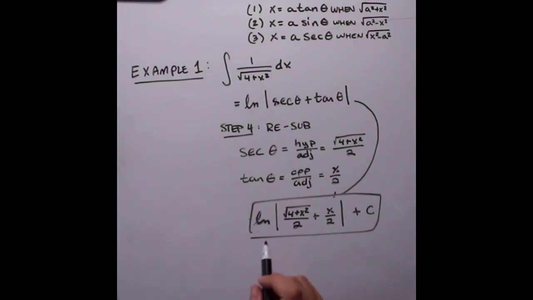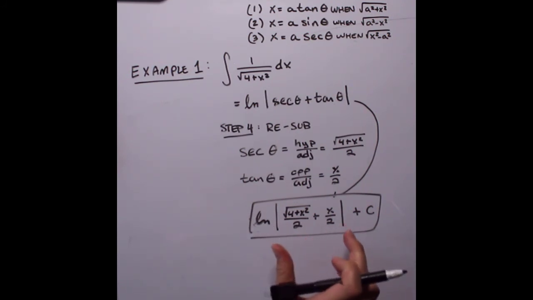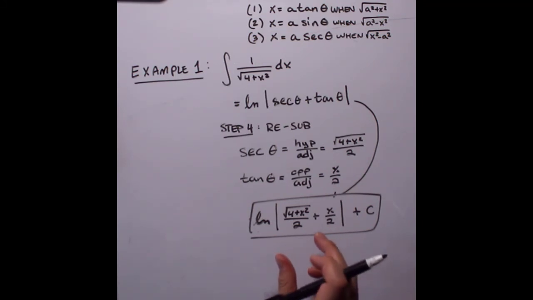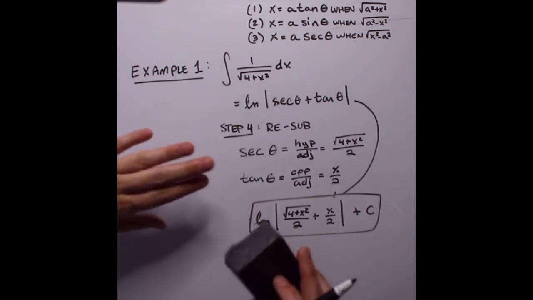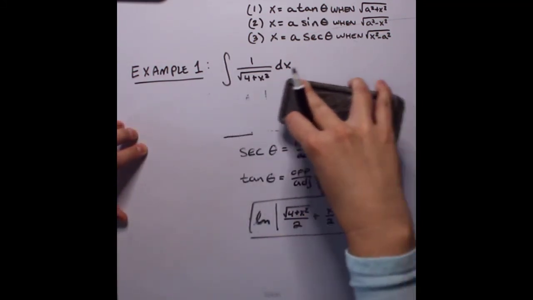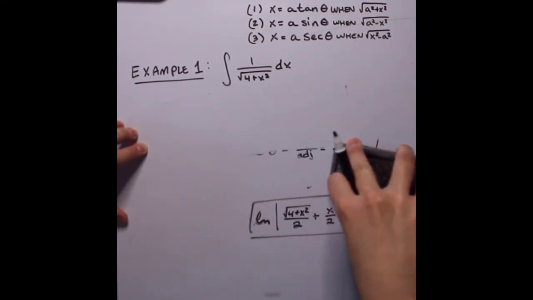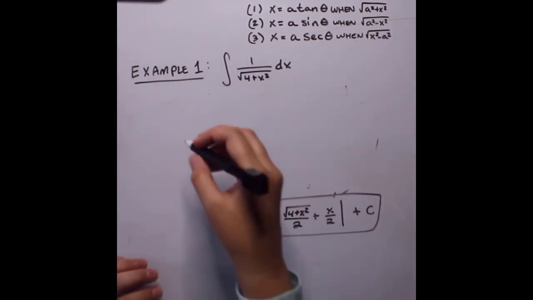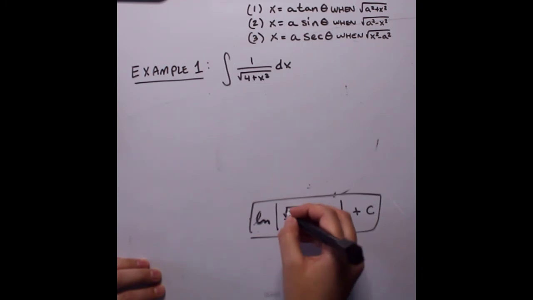Okay, so I want to tell you something about this answer, because this is an interesting function that we have going on here. So let me erase what we were working on. This is more of a side note, and it just has to do with the format of the answer. If we generalize this, I'm going to use a instead of 2.